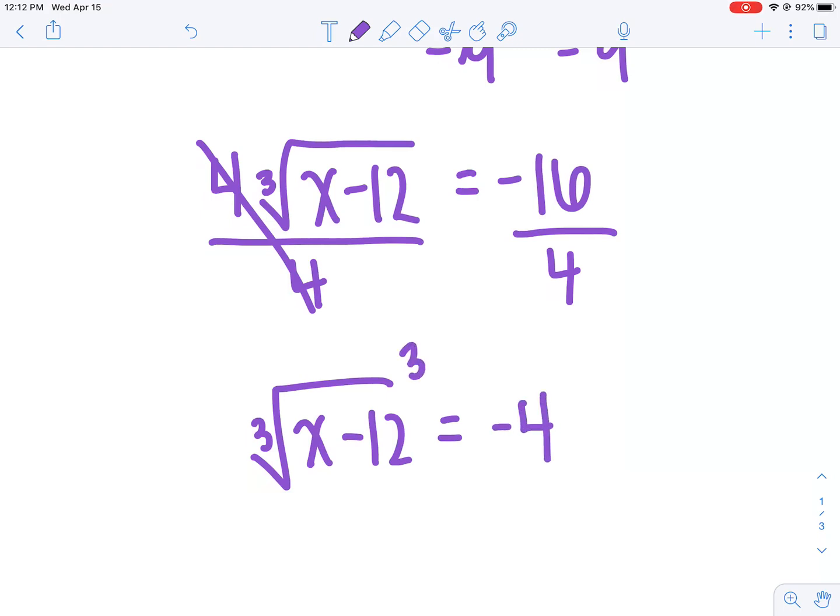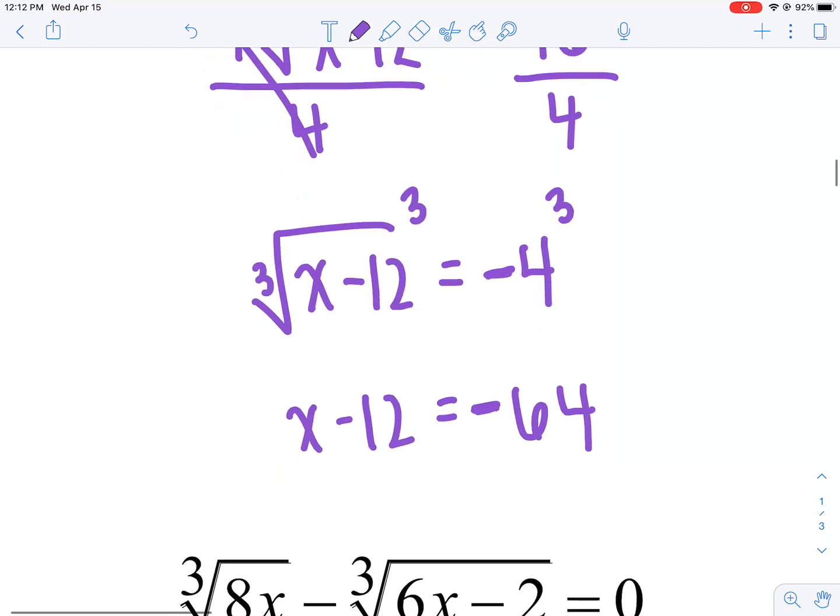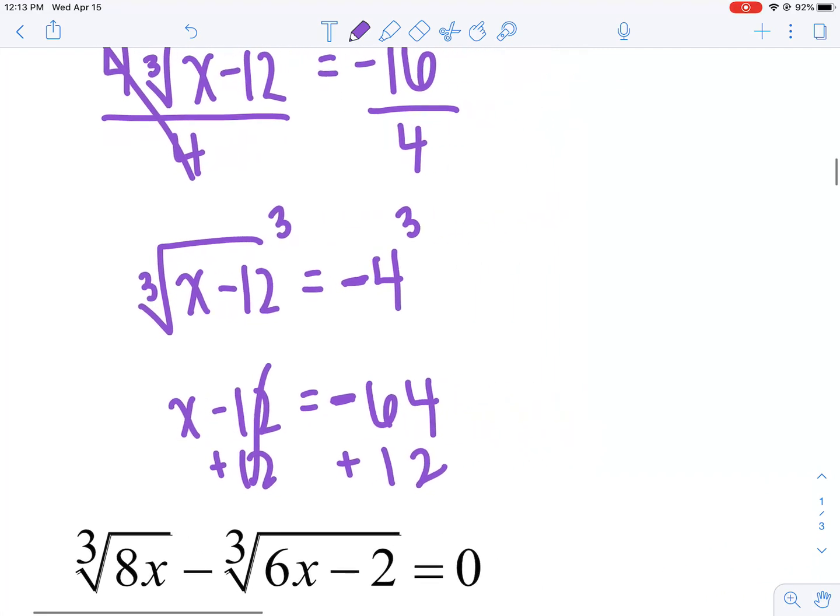And now cube both sides. So it's not that x minus 12 equals 64, it's x minus 12 equals negative 64 because it was a negative 4. Add 12 to both sides. Negative 64 plus 12 is going to be negative 52. So x equals negative 52.